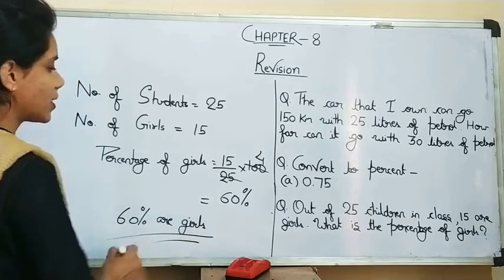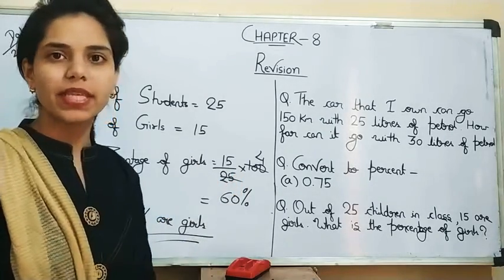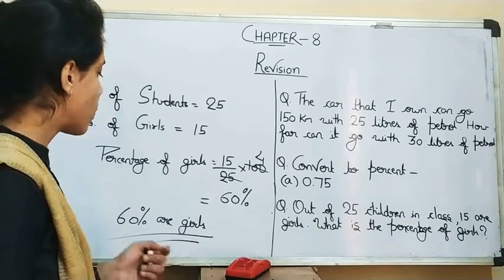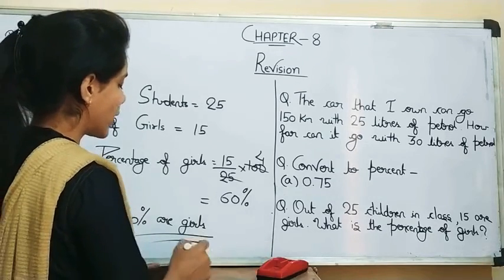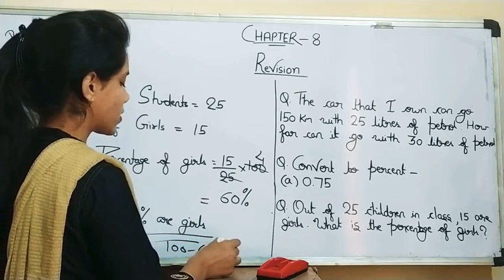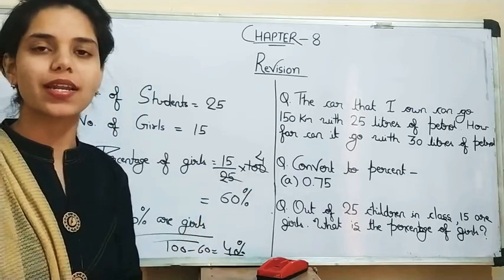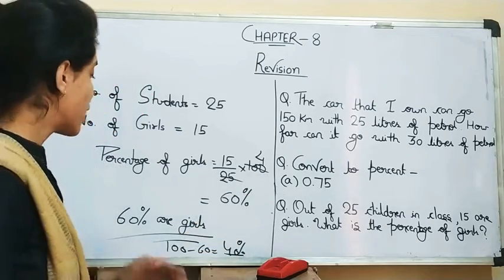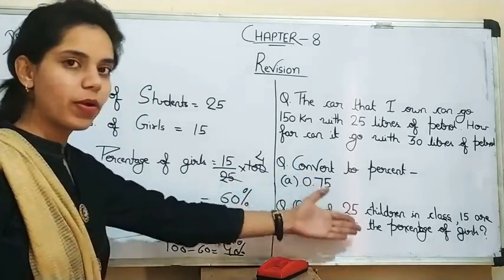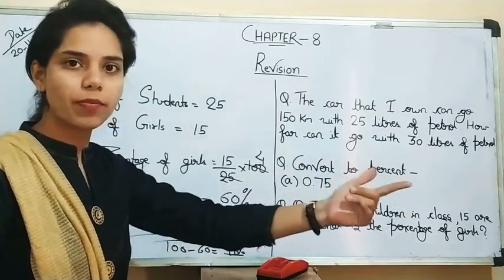And if I ask you what is the percentage of boys? Percentage means out of 100, so the total is 100. So 100 minus 60, and 40% will be the boys. These types of questions can come in your exam. If I ask that 15 are girls, what is the percentage of boys?